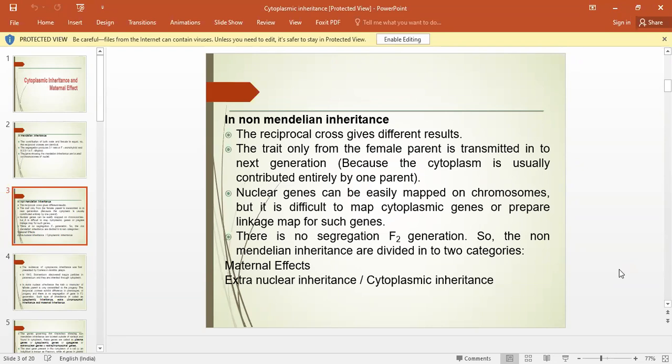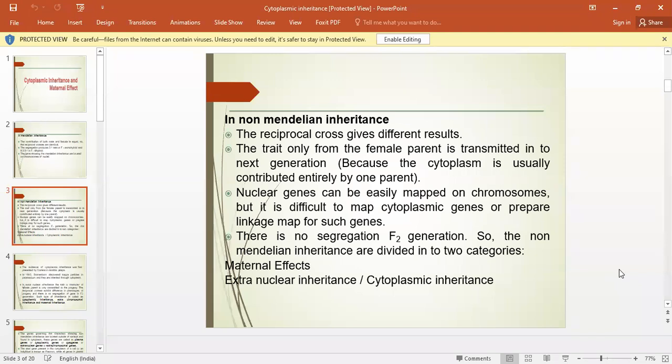Second thing, the reciprocal crosses give different results. Means in multicellular eukaryotic organisms, the results of reciprocal crosses involving an extranuclear gene, which is present outside of the nucleus, are not the same as reciprocal crosses involving a nuclear gene.